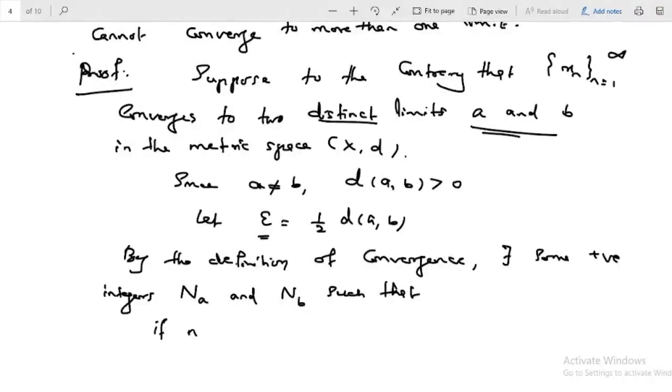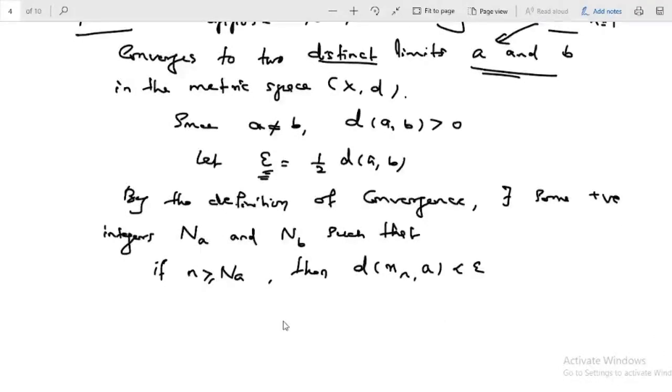if n greater than or equal to N_a, since x_n converges to a, if n greater than or equal to N_a, corresponding to this epsilon ആണ് നമ്മൾ N എടുത്തത്, then distance between x_n and a is less than epsilon.